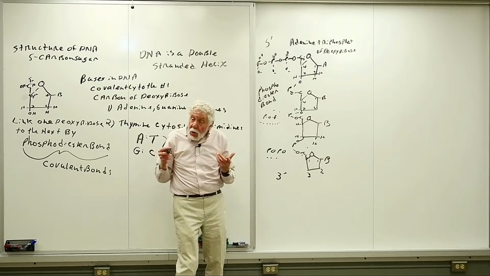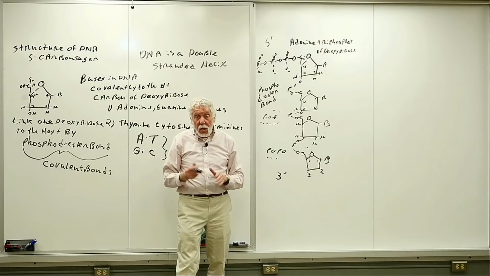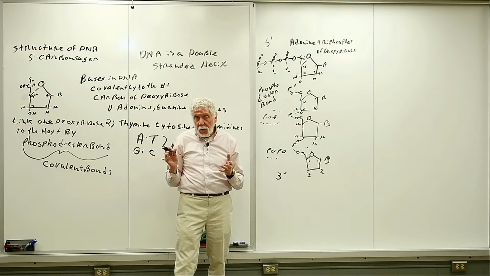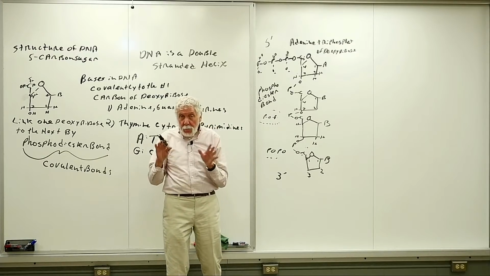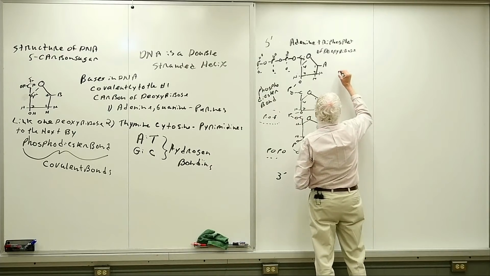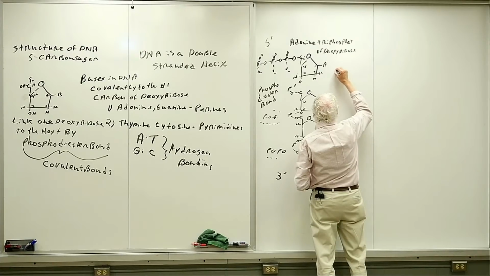And as I said in the introduction, those 2 strands will be held together by hydrogen bonds. But I also said that those 2 strands are oriented in opposite directions to one another. So now I'm going to draw the other strand, and bear with me because it's kind of upside down, and I always struggle with this. So there's the oxygen.